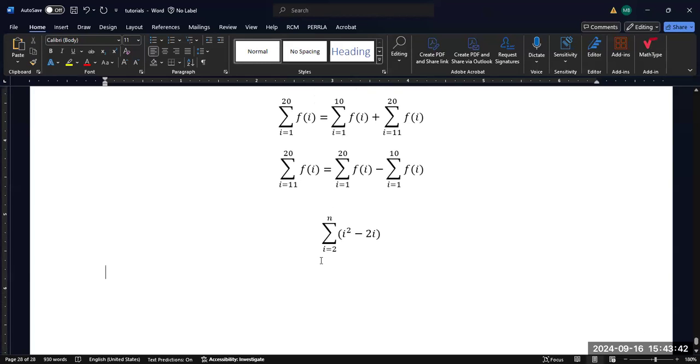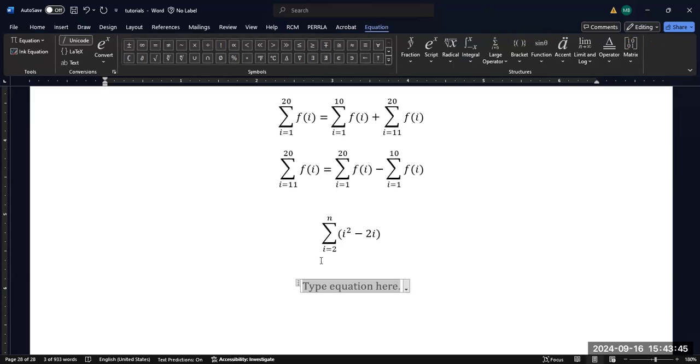Now, the way that you're going to have to do this essentially is you can think of this as, let's say I want to start at i equals 1 instead of i equals 2. So instead of i equals 2, I'm going to replace that with k plus 1 equals 2. So what does that imply? That means I'm going to start at k equals 1. So let's start rewriting our summation based on this idea.